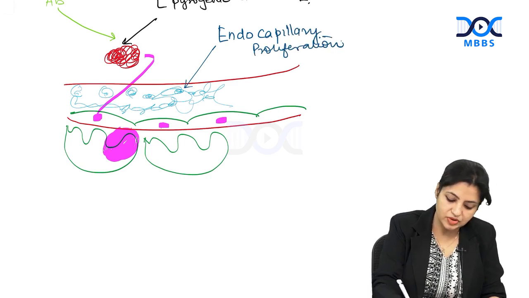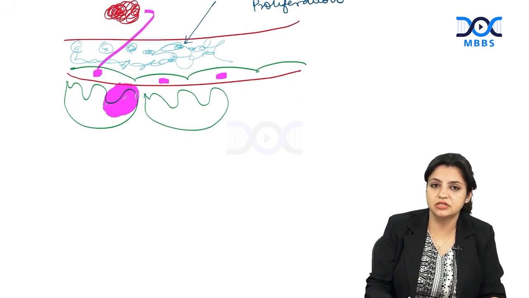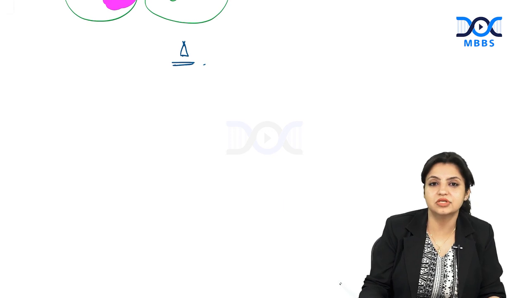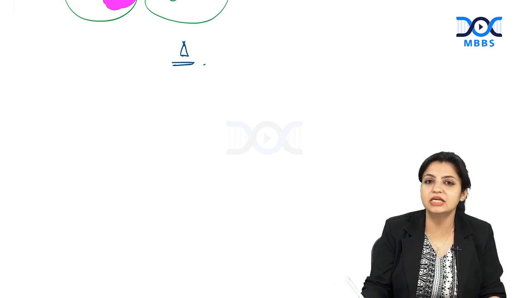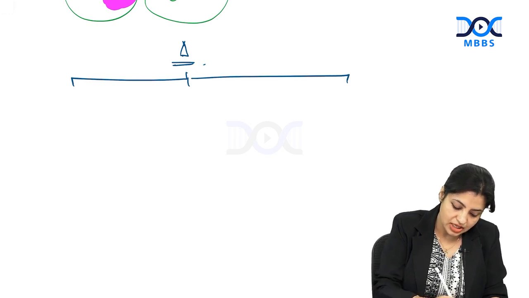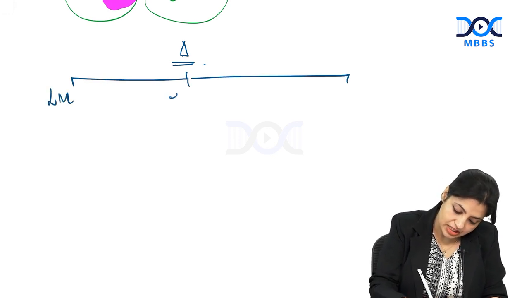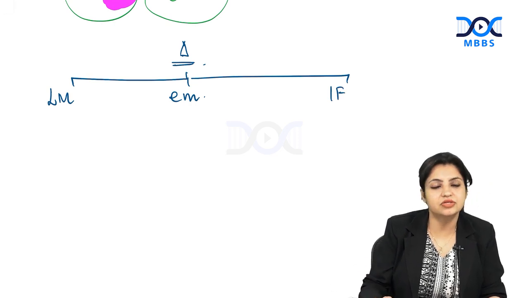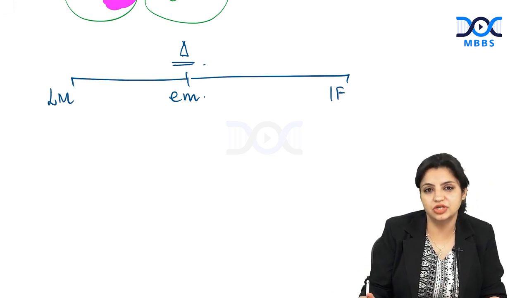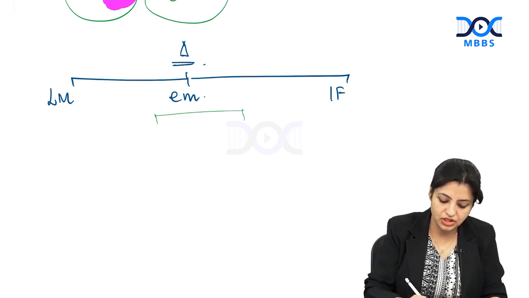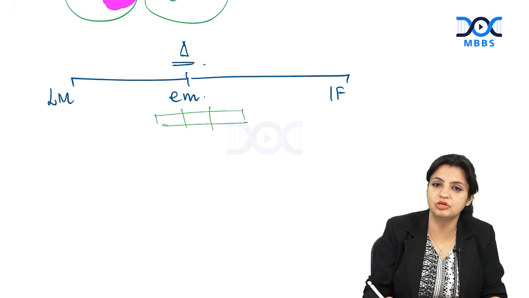So remember everybody, whenever we are looking at this, the diagnosis of any kidney disease is always made under three headings. You have to remember this: light microscopy, electron microscopy, and immunofluorescence. These are three mandatory techniques which are required. Whenever we take a kidney biopsy, we divide it into three parts.